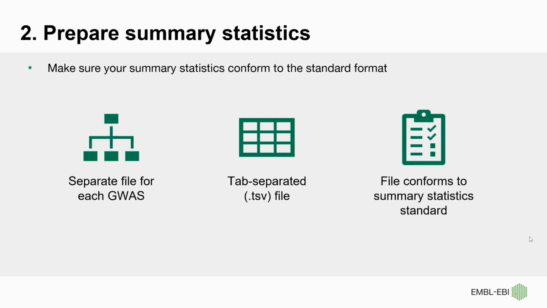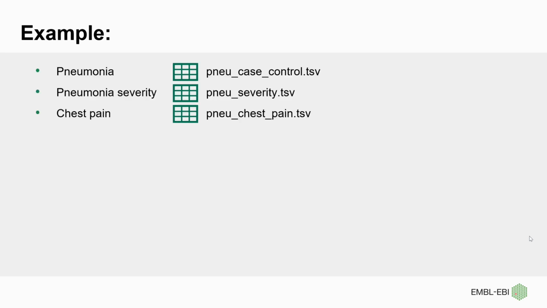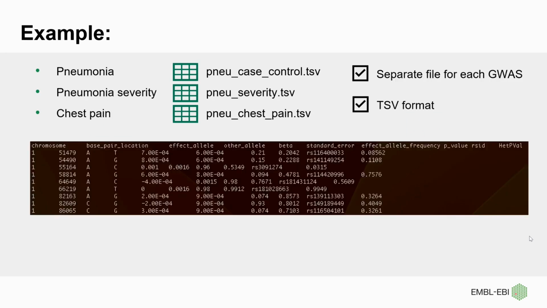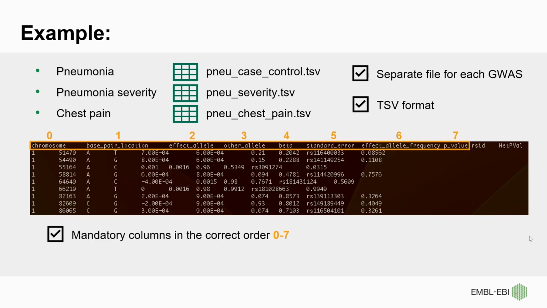So the next step is to prepare your summary statistics files. You need to make sure that your summary statistics conform to our standard format from earlier. So in my example, I would make sure that I had 3 separate files for the 3 different studies. I would make sure that they were all in a consistent TSV format, which would look something like this.